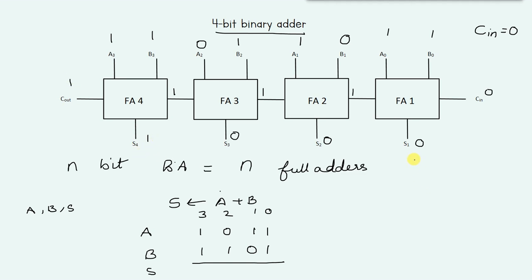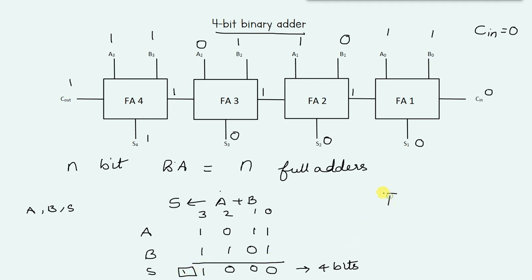So the value of the register S is 1 0 0 0 because the maximum capacity of the register S is 4 bits. But we just missed a bit over here, that is the carry out bit, without which the answer does not make any sense. So we also need to include the carry out bit.